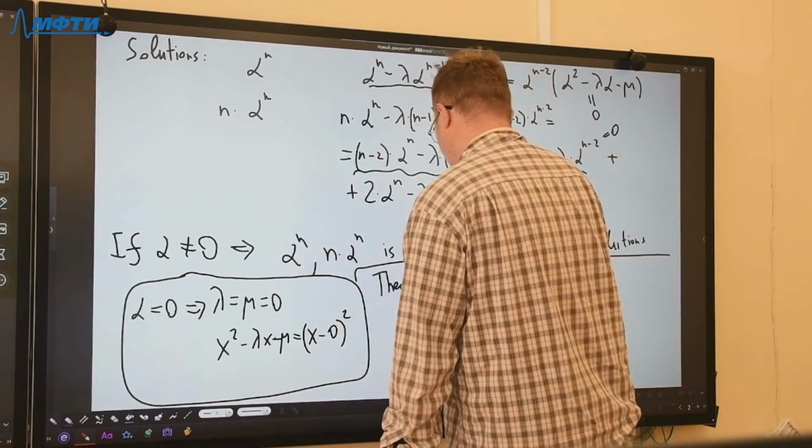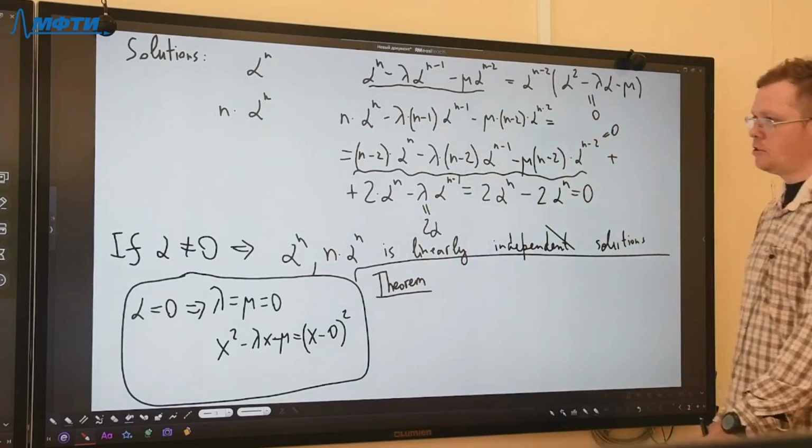Second theorem about linear recurrence relations of order 2.